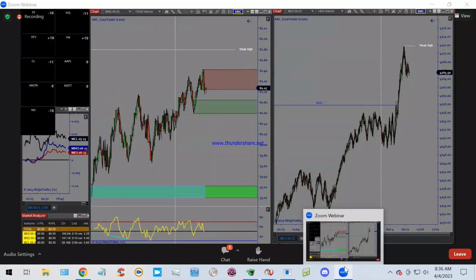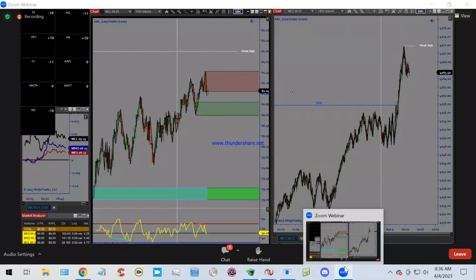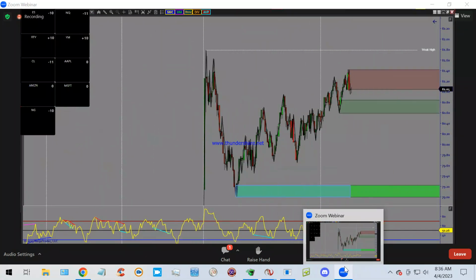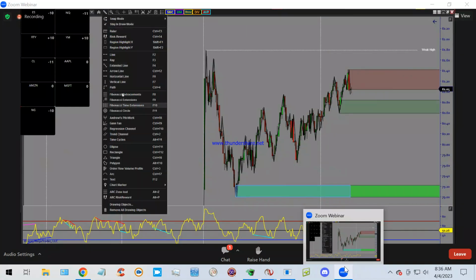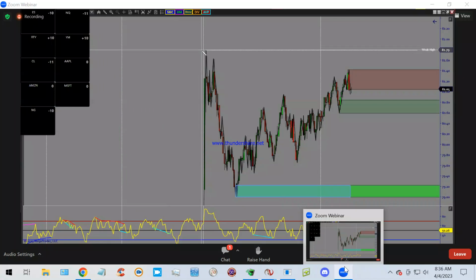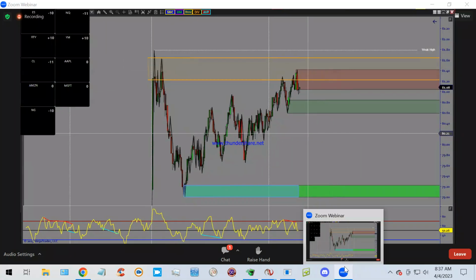Let's take a look at the markets. Crude opens first. Crude hasn't cleared these highs. There'll be some resistance up in here in crude until it can break through these highs.